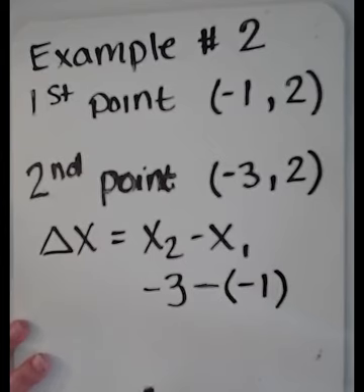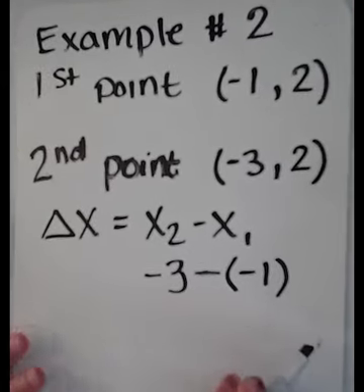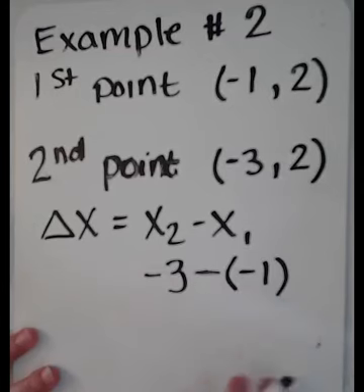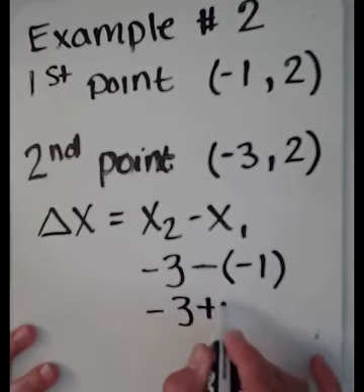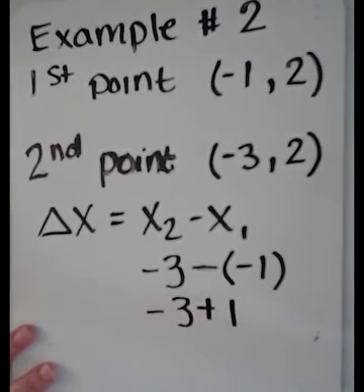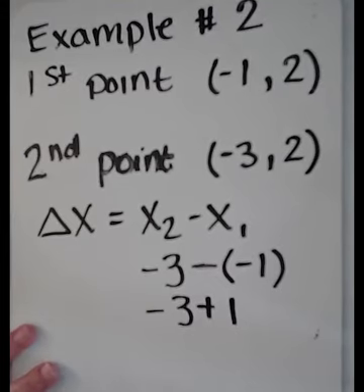When we subtract a negative number, we actually need to add instead of subtract. So the double negative cancels each other out. So negative 3 plus 1 will help us find the distance between these 2 points.